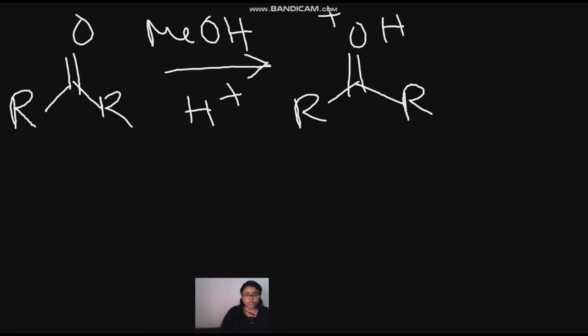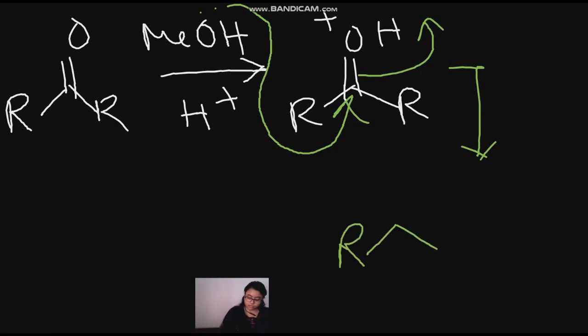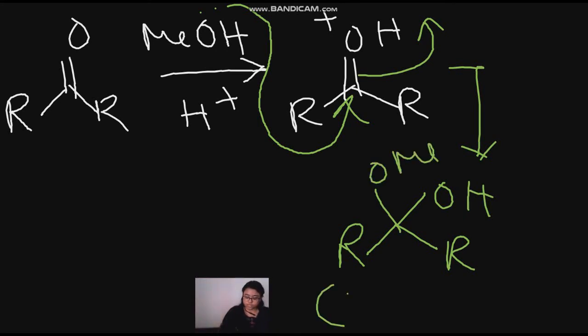Now alcohol can easily attack the carbonyl center. Now this bond will open up and we will get R, R, OH and OMe. And again comparing with the before one, we can call this hemiketal.